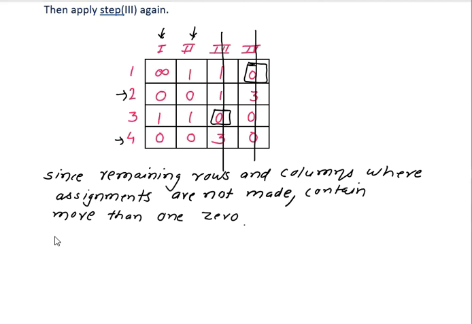Use any one zero out of the two. We use any one zero for an assignment. But remember that we want a single assignment in a row and in a column. There should be a single assignment. We get an alternate solution.